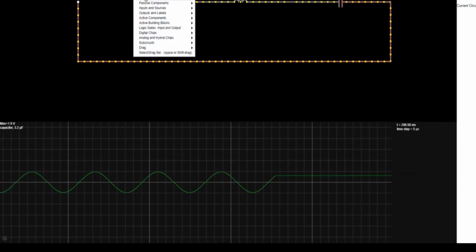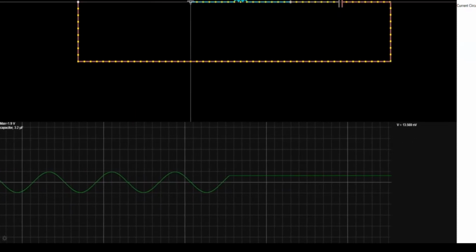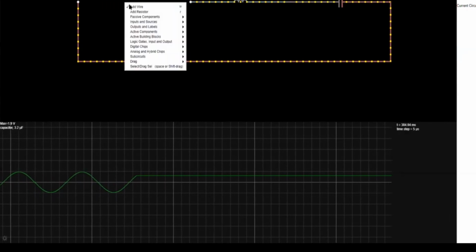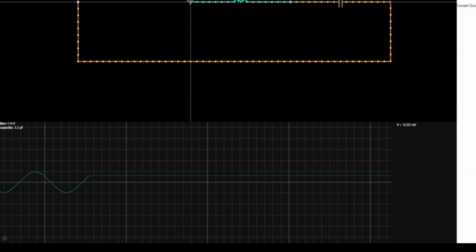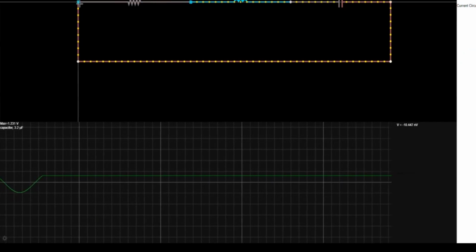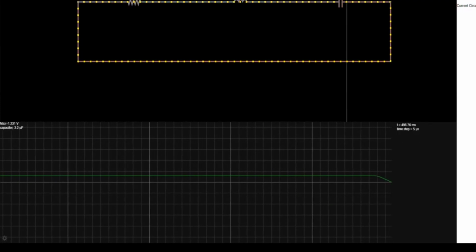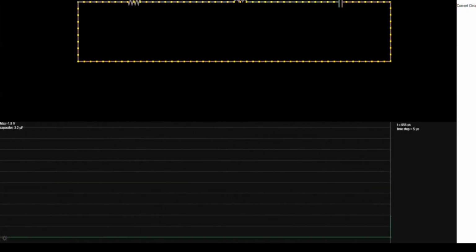But then what happens is, in the real world, there's always some losses, because wires always have some resistance in them. So that's why we always have to include that resistor, not because we want to, and not because it's really needed, but because it's just something we can't avoid. So this is what happens when you add a resistor.